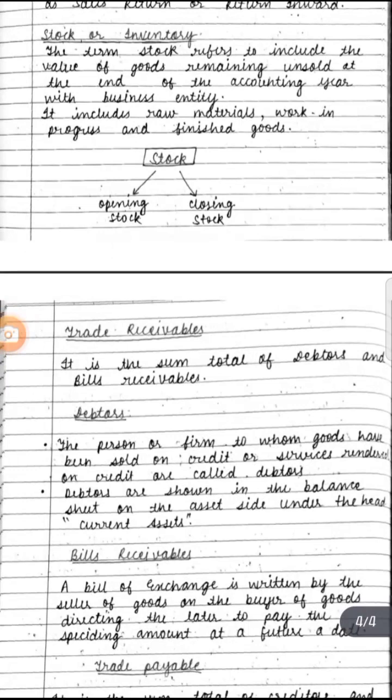The buyer of goods who accepts the bill of exchange drawn by the seller becomes the drawee of the bill. Bill payable is an acceptance given to the seller. Bills payable are shown on the current liability side in the balance sheet.